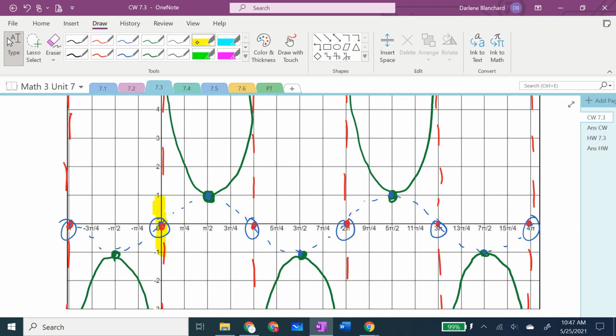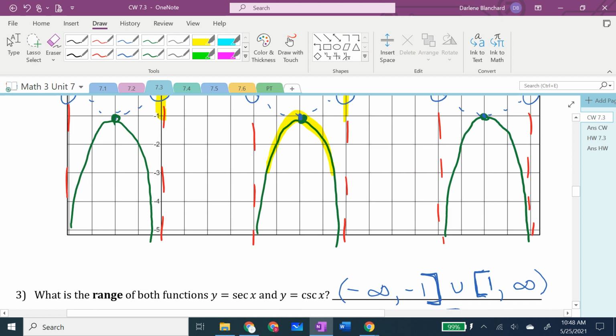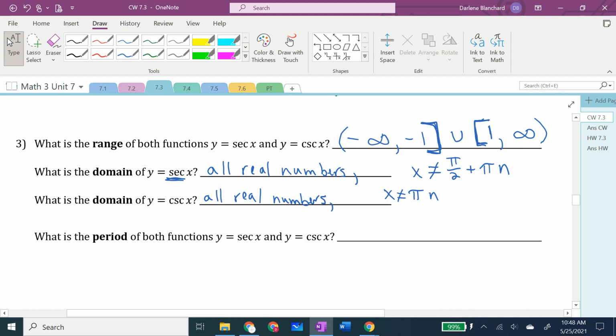To go through an entire cycle of one of these, I have to go through an upward facing U and a downward facing U, and then the cycle begins again. So you want to notice that the period of these two graphs is 2 pi, just like it is for sine and cosine.